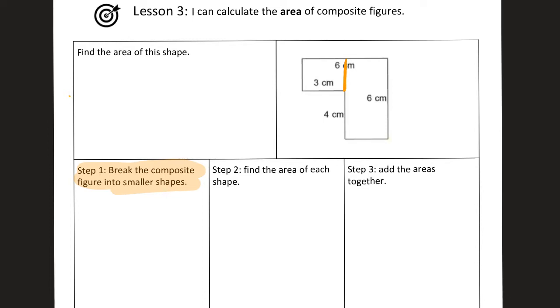Okay, so then I need to label. So if this whole thing is 6 and this little part is 3, that leaves this part to be 3 as well. And I'm just going to erase that extra bit. Okay.